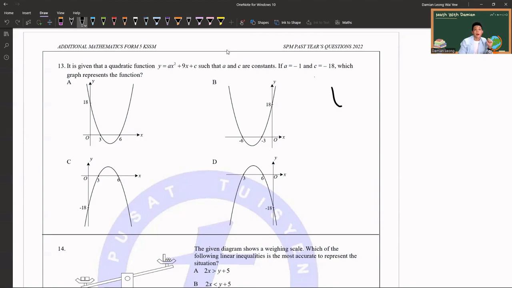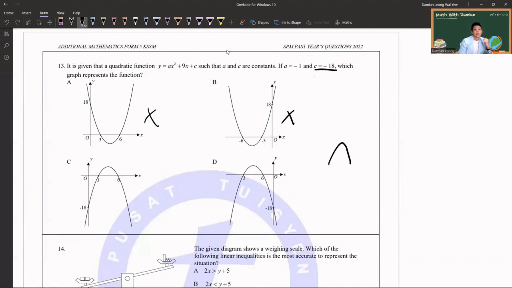When it's positive, smile. Negative is bad, so frown. In this case, negative 1 means it should be a frown. In other words, the graph should be N-shape, so definitely it wouldn't be A or B.